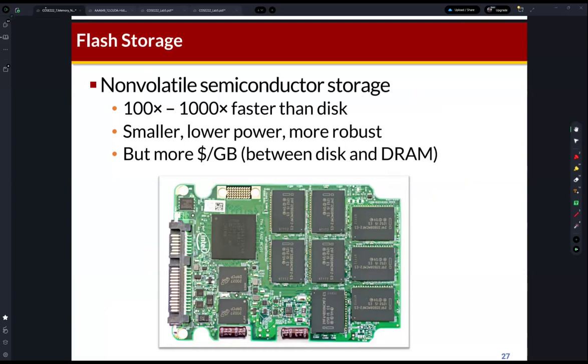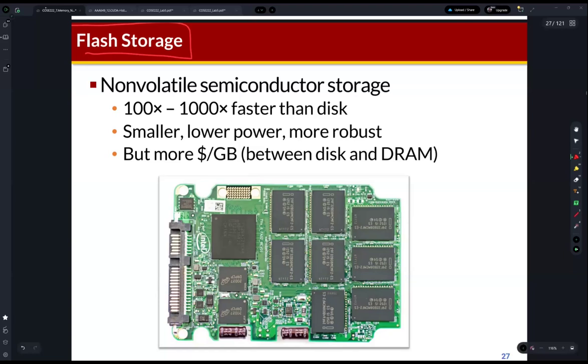We use SSD as the storage device. It means that the SSD is non-volatile memory, which means that the data is maintained even though the power is off. And for the SSD, we use the flash memory.